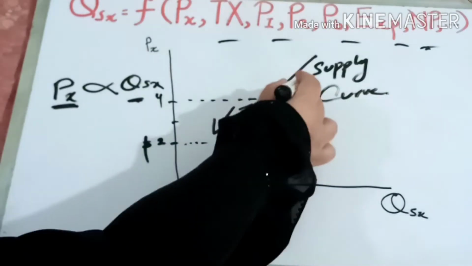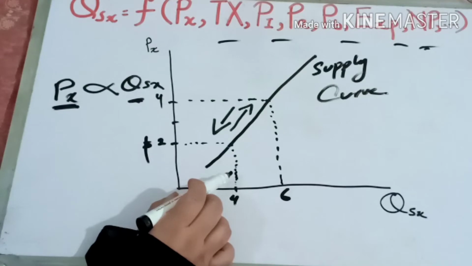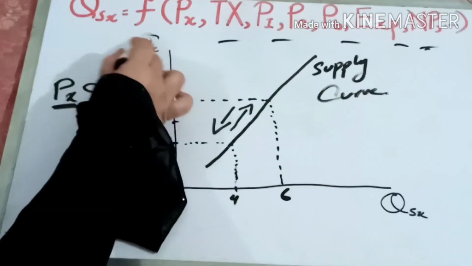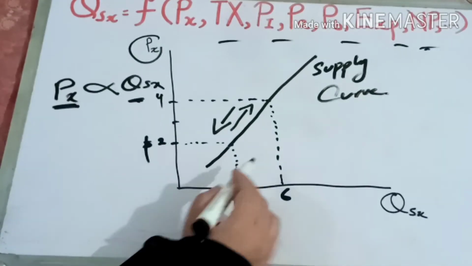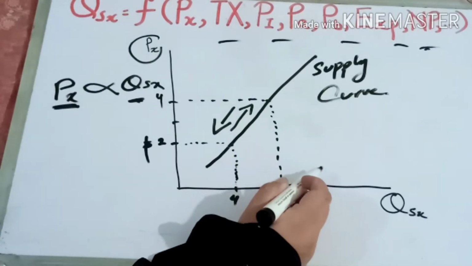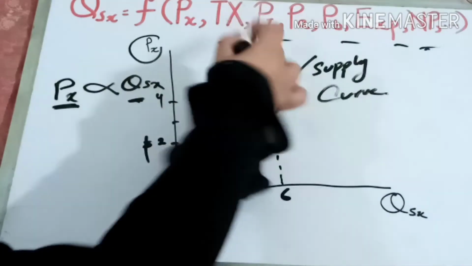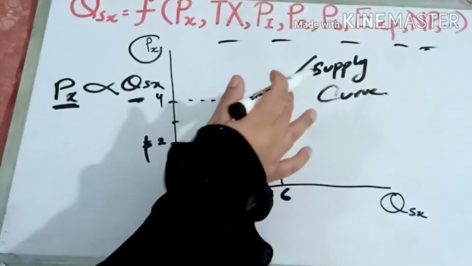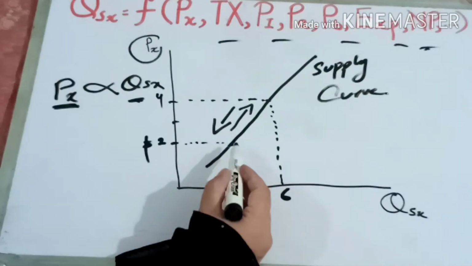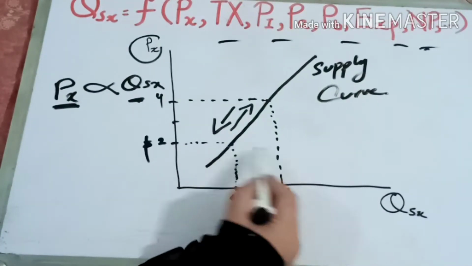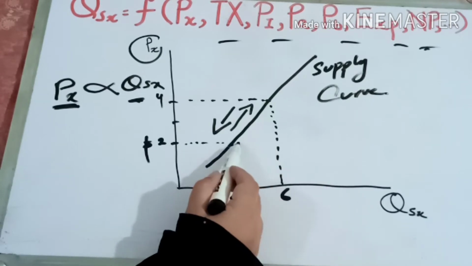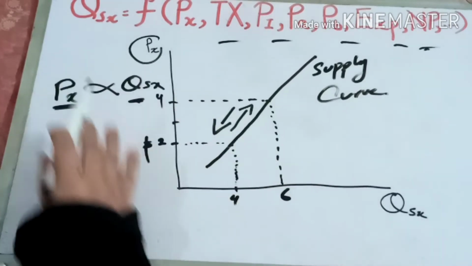It would be an upward movement or a downward movement, but price, being the only factor, is not going to cause a shift in the curve. There are other non-price factors which act as the shifters, and which make the curve shift outside or inside.